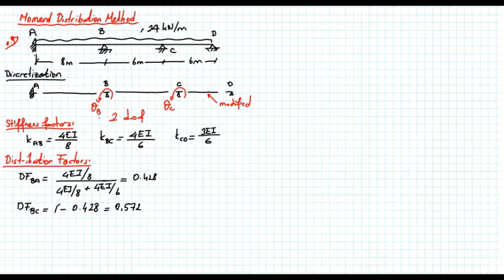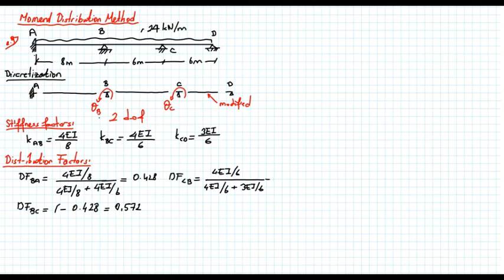Now distribution factor CB is equal to 4EI over 6, the stiffness factor of member BC, divided by the total stiffness, 4EI over 6 plus 3EI over 6.